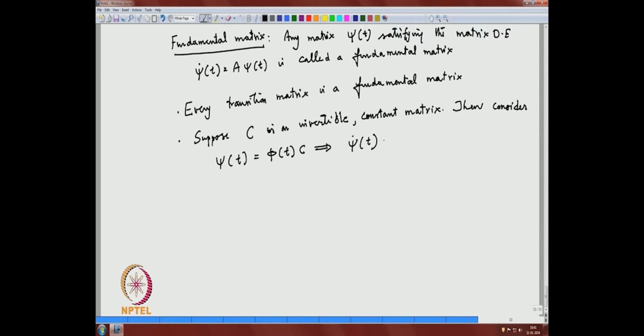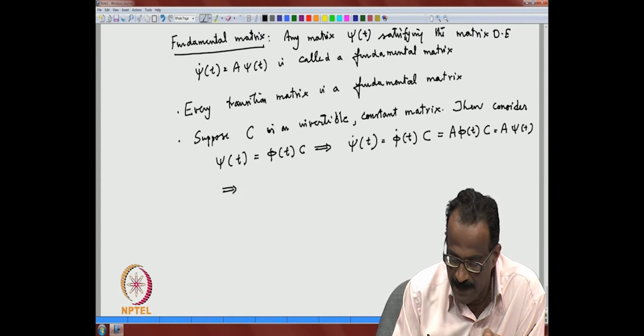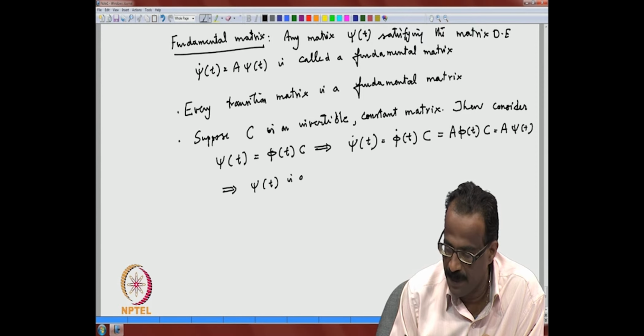Psi dot(t) is equal to phi dot(t) C, since C is independent of t, but phi dot(t) is nothing but A phi(t), and the associative law is true. So substitute, and you will get A psi(t). That means if you take any invertible matrix C and define psi(t) equal to phi(t) C, then psi(t) is a fundamental matrix.